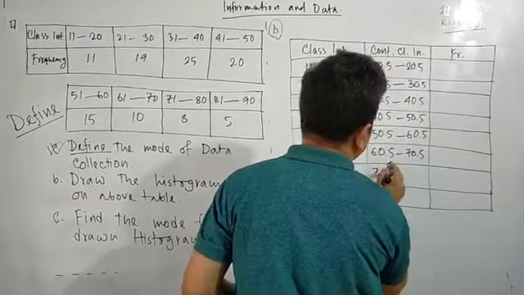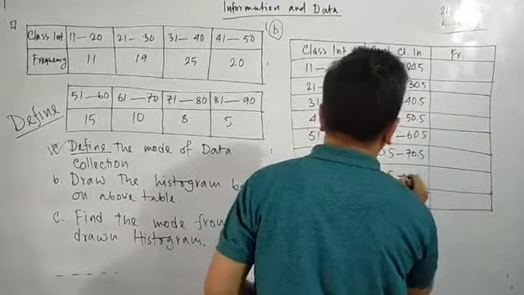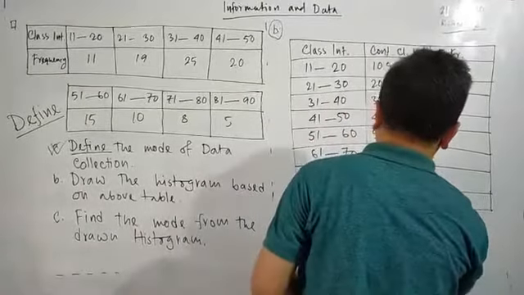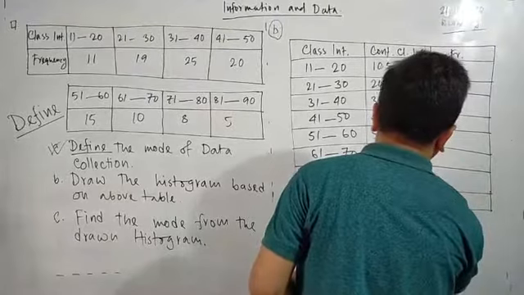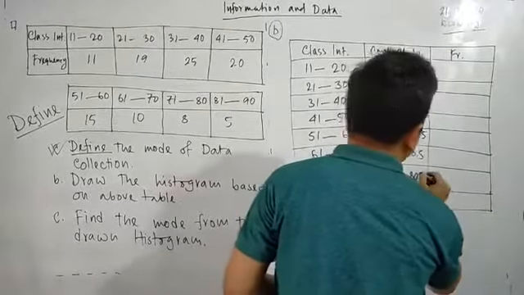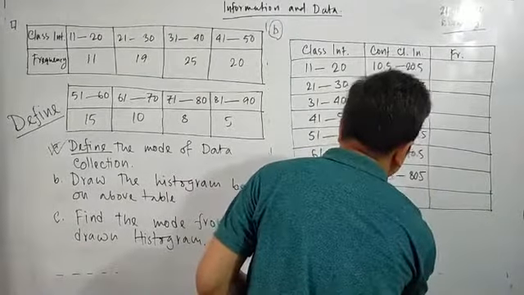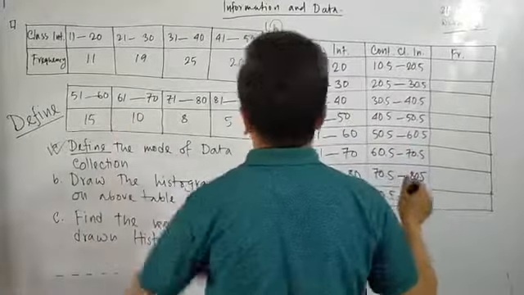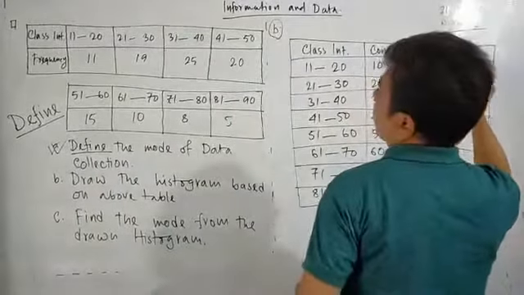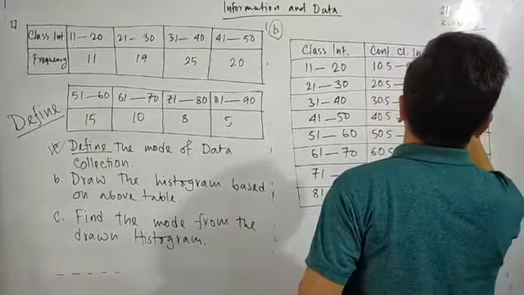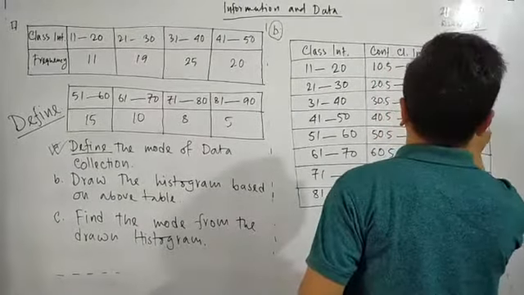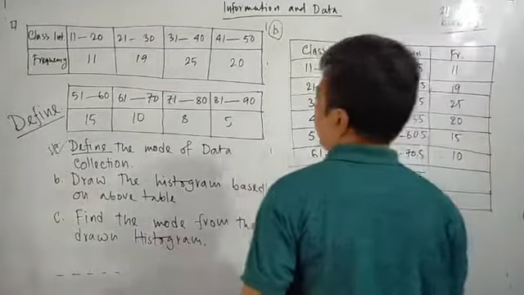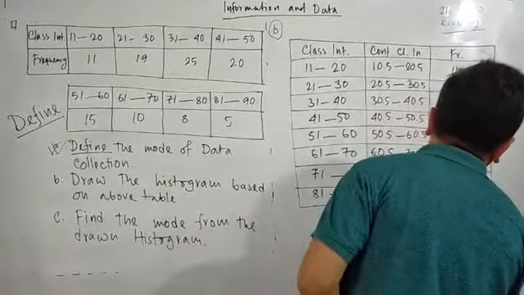All of you try to write quickly, because we do not have enough time. So 70.5 to 80.5, and 80.5 to 90.5. And the frequencies given here are 11, 19, 25, 20, 15, 10, 8, 5.